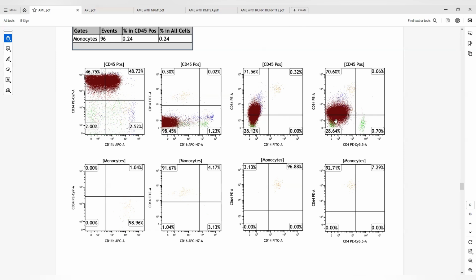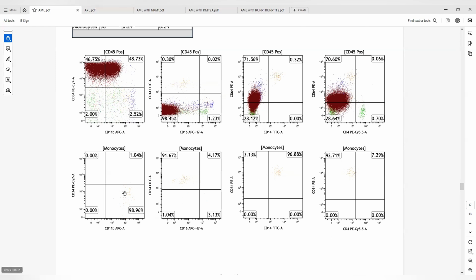And to call monocytic differentiation, you need at least two markers. I'm not really convinced that there's any monocytic immunophenotype here because CD11b is dim, and CD11b is not actually very specific for monocytes. CD14 is completely negative, CD64 is dim, and CD4 is completely negative. And here for comparison, it's not projecting well because we have very few cells, but these are monocytes. They are CD11b positive here.